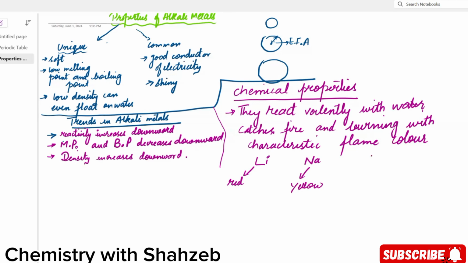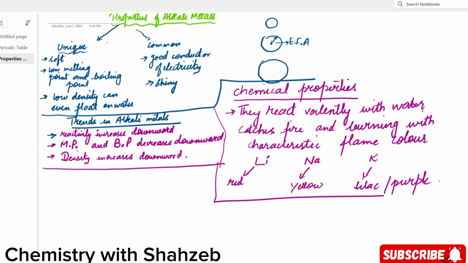Then we have potassium, which gives a lilac, or you can say purple, flame. These flame colors are also tested frequently in the exam, so you must remember at least their colors.